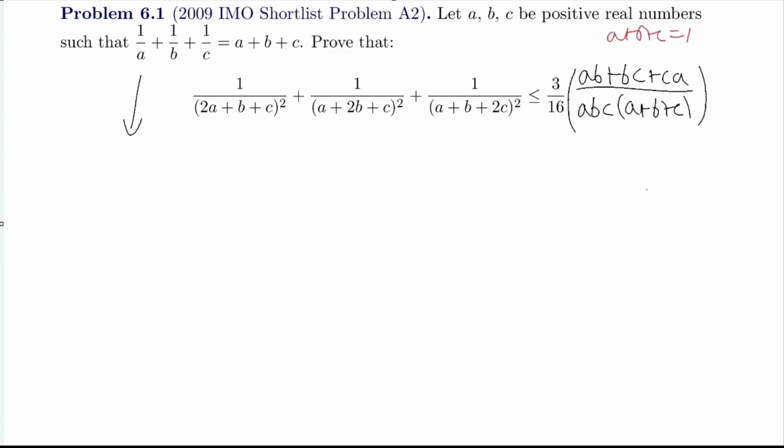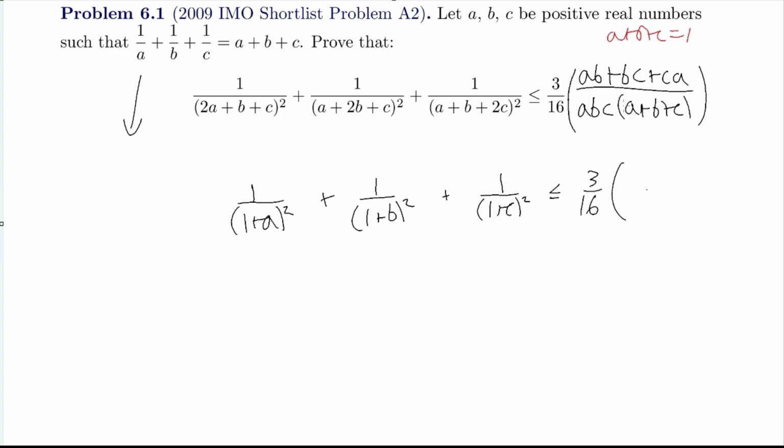And then when we plug this in, we get 1 over 1 plus a squared plus 1 over 1 plus b squared plus 1 over 1 plus c squared is less than or equal to 3/16 times, now this one is 1, so it's ab plus bc plus ca over abc. And now we want to somehow deal with this one here. Remember how we got that ab plus bc plus ca over abc in the first place, because that's just this one over here.